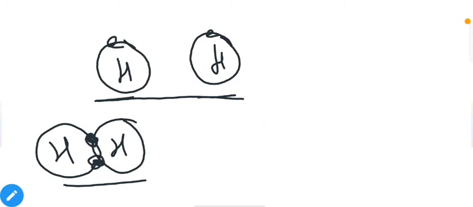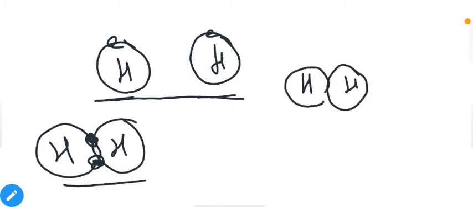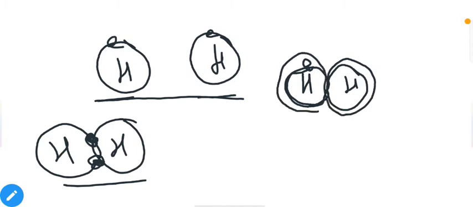Actually, when a bond is formed between two different atoms like this, the electron will spend time in each of the atoms step by step. That means suppose we have the electron of the first hydrogen here, then it will revolve around the first hydrogen, then it will enter the orbital of the second hydrogen, then again it will come into the orbital of the first hydrogen.